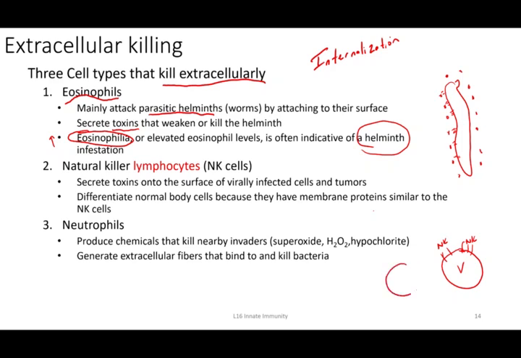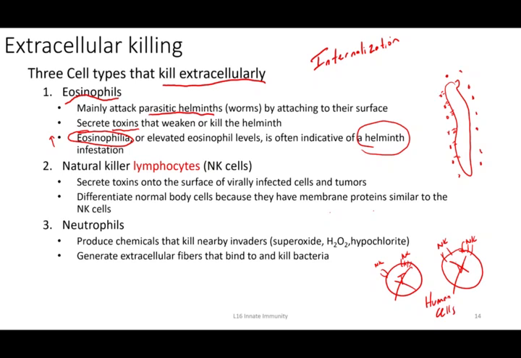Or another example is you have a tumor cell, you have these NK cells come and then dump contents onto them to kill those.